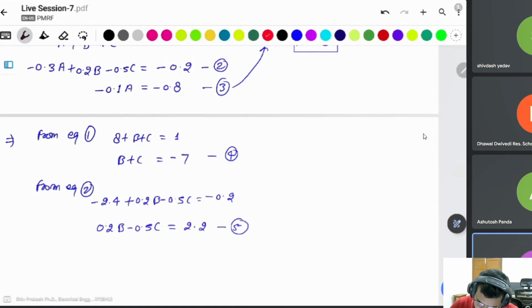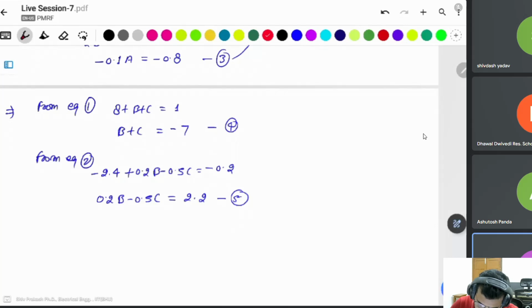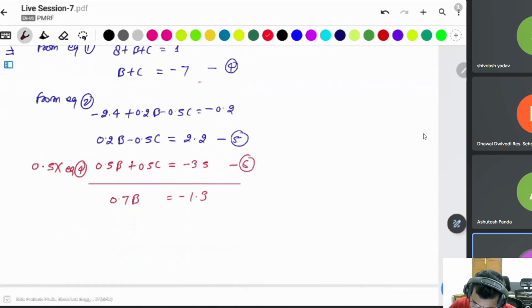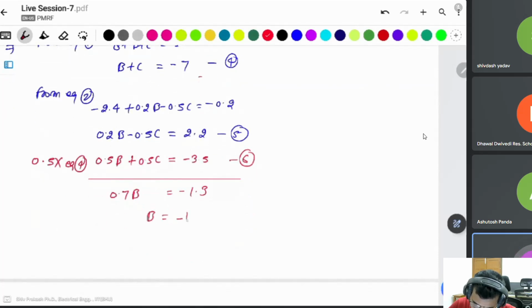Then multiply equation 4 by 0.5, and we get 0.5B plus 0.5C is equal to minus 3.5, equation 6. Adding this to equation 5, 0.7B is equal to minus 1.3, then B is equal to minus 1.857.